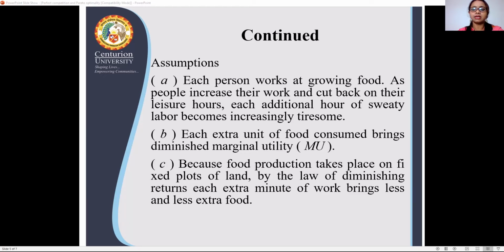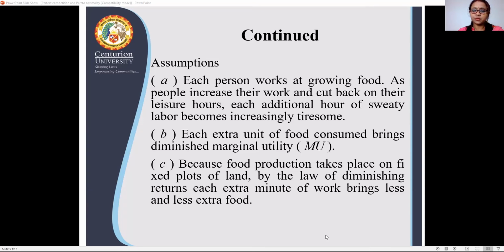So these are the three assumptions. The first, each person works at growing food. Second, each extra unit of food consumed brings diminishing marginal utility. And third, because food is produced on a fixed plot of land, each extra minute of work brings less and less extra food.